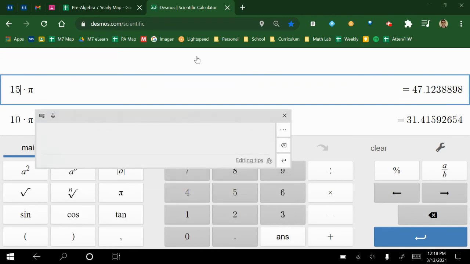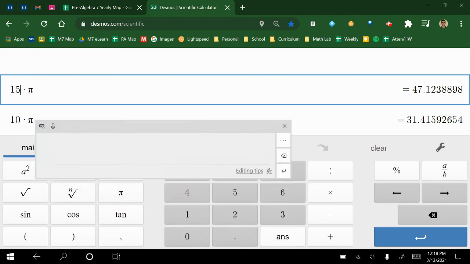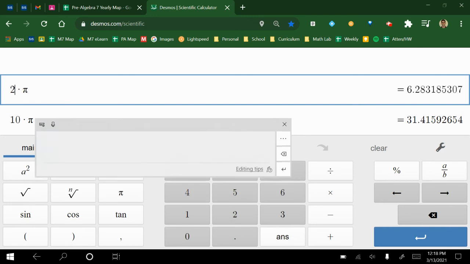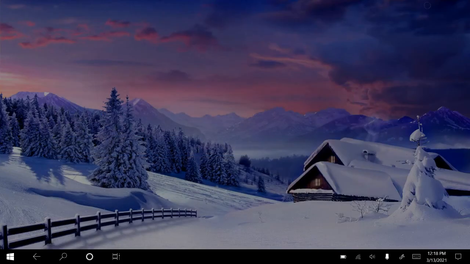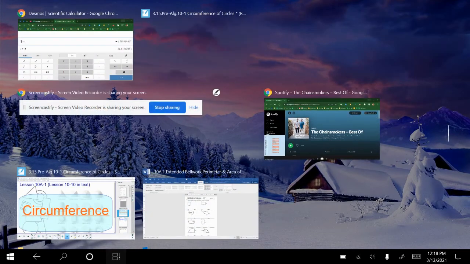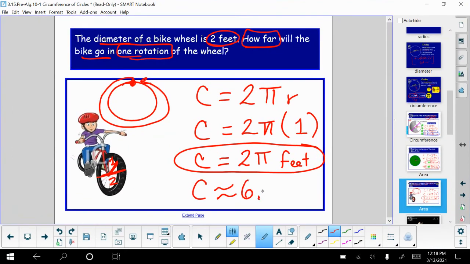Again, you could simply erase your old work, write in a 2, and then you get the new answer. So 6 and 28 hundredths to the nearest hundredth place. And there you have it.